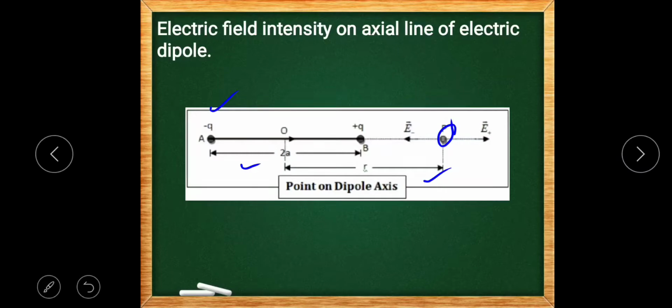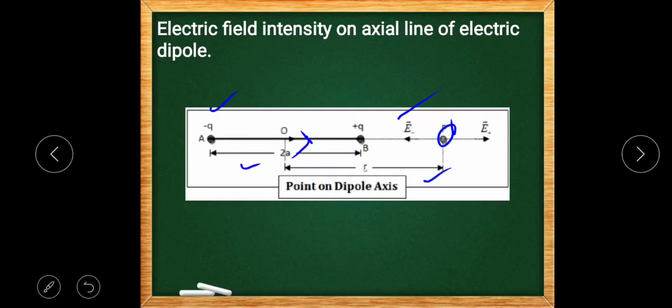And here the negative sign is due to the direction of the dipole moment being from minus q to plus q, which is opposite to the electric field E minus.